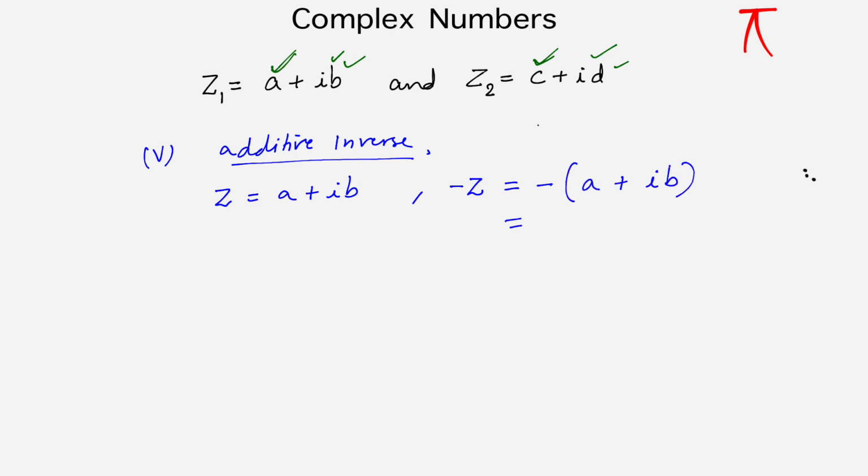If we open the brackets, the real part will become the opposite sign of what it was before, and the imaginary part will also have a negative sign. So minus Z is this, and it simply means if we add the complex number to its additive inverse, we will get 0, and that's the property of existence of additive inverse.